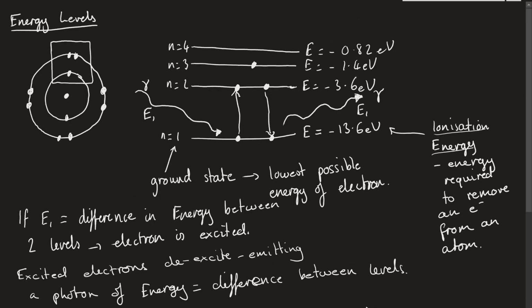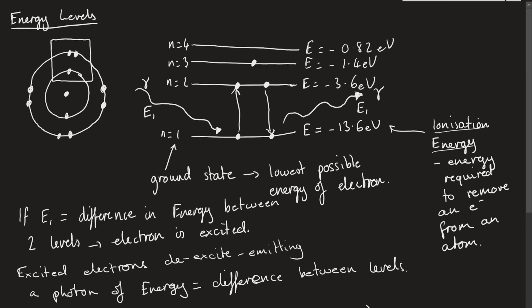Okay, so there is one equation that we have to know. It's going to make maybe a little bit of sense right now, but it'll make more sense if you go and watch the photons video afterwards as well. So it's this statement here. So if the energy is equal to the difference in energy levels between the two levels, then the electron can move.